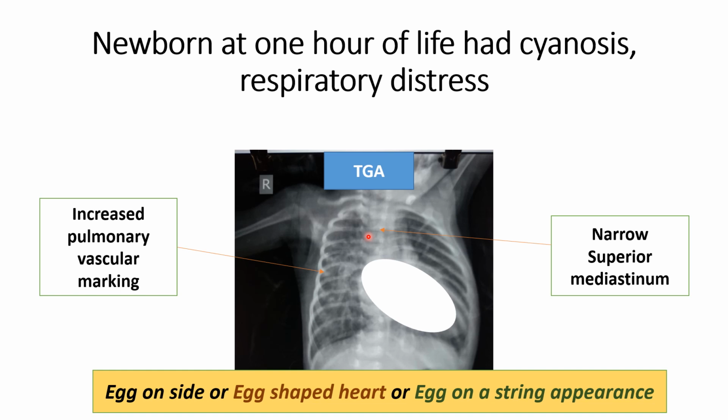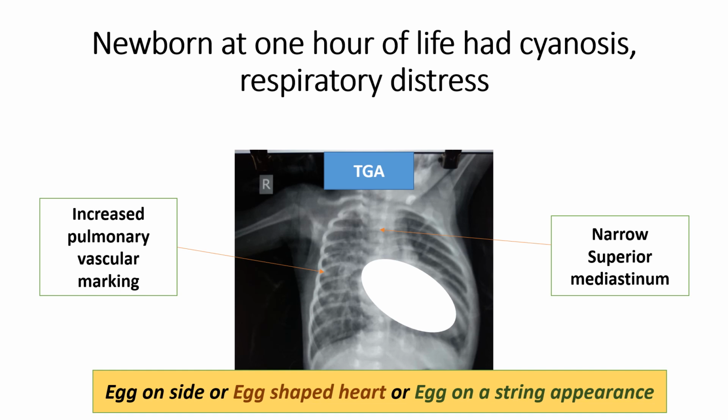So whenever a newborn in the first 48 hours of life is admitted in an NICU with central cyanosis and respiratory distress and all these characteristic X-ray findings, you have to suspect it may be transposition of great arteries, and in the previous slide I had already shown you another condition, TAPVR.